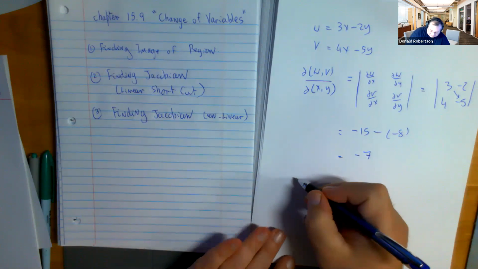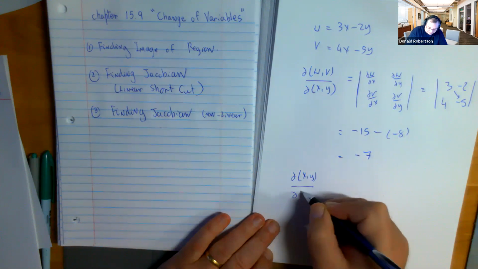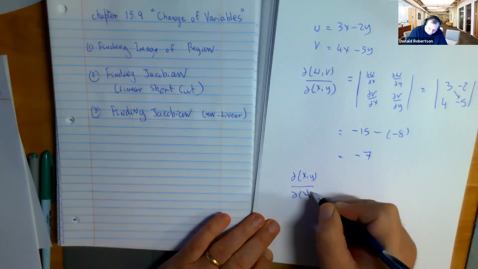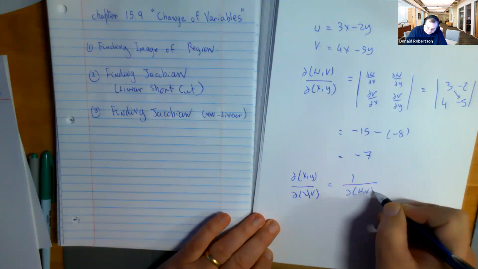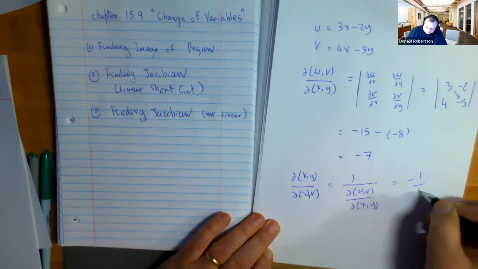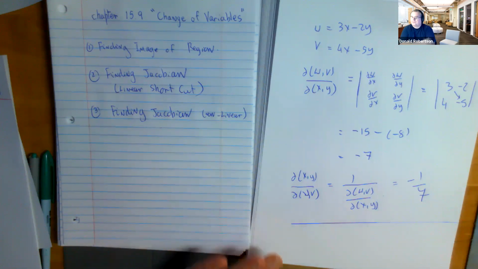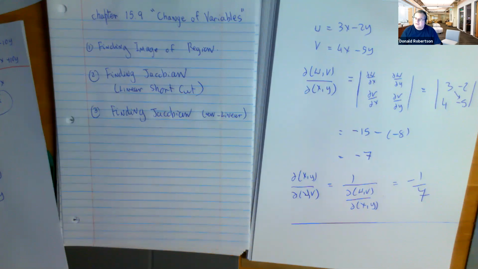And now the trick. The Jacobian that I do want, which is this one, is 1 over that Jacobian, so negative 1/7. Kind of cool.